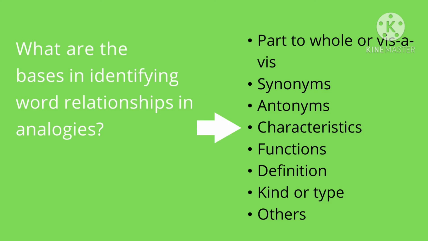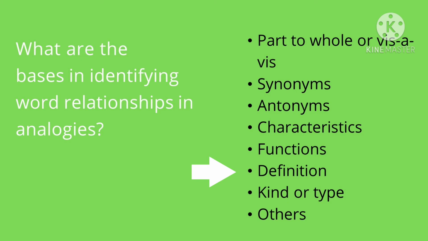The next are the characteristics. Characteristics refer to known and general characteristics attributed to a certain thing. The next one will be the functions. Functions refer to the general function of an object or thing, to what specific function a certain thing or object is made for. Next, we have the definition.